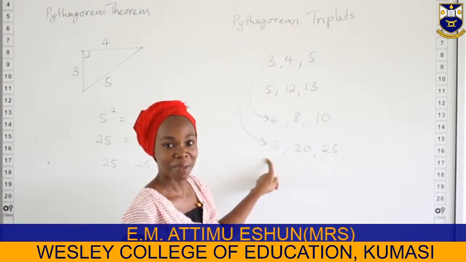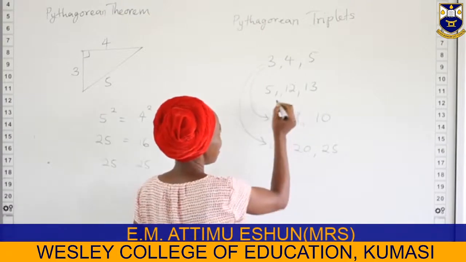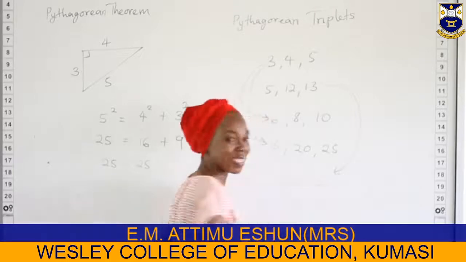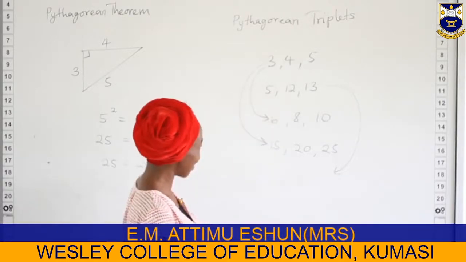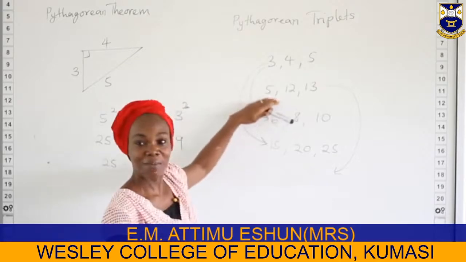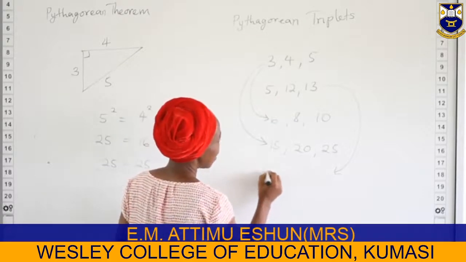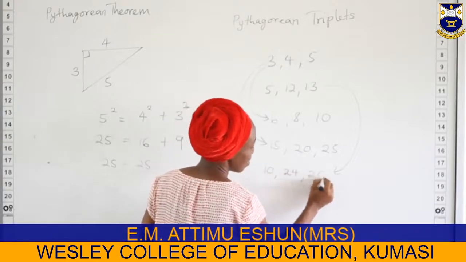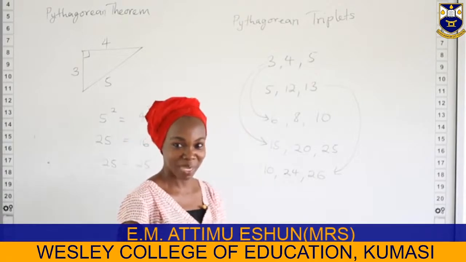And so if we take this other primitive one, can we generate some more? Yes, we can. Multiplying that by 2, what shall we have? We'll have 10, 24, 26, and that gives us another set of Pythagorean triplets.